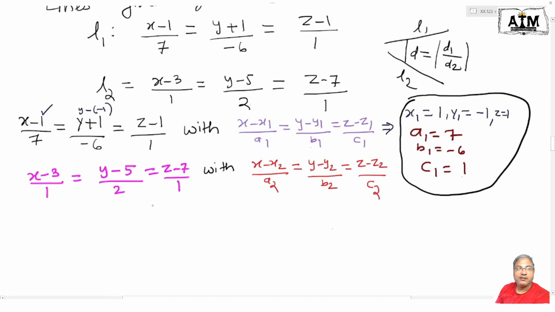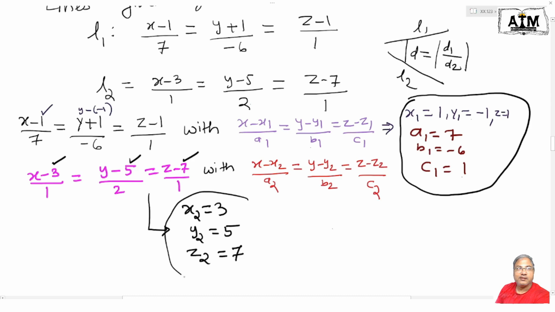Now for the second line, L2: x2 value is 3, y2 value is 5, and z2 value is 7.